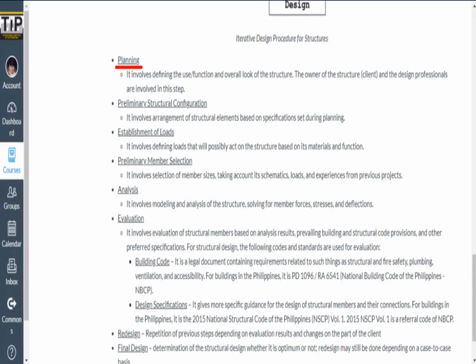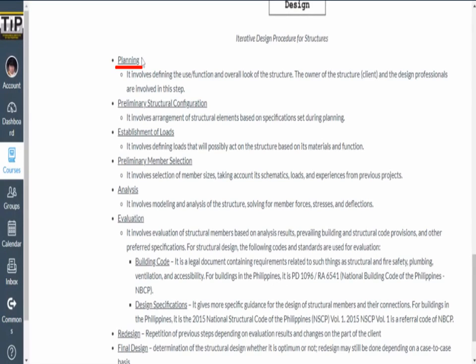For the other engineers, for example in electrical, it would be the power load, the lighting requirements, etc. All of those. In the planning stage you detail all of the requirements by everyone.